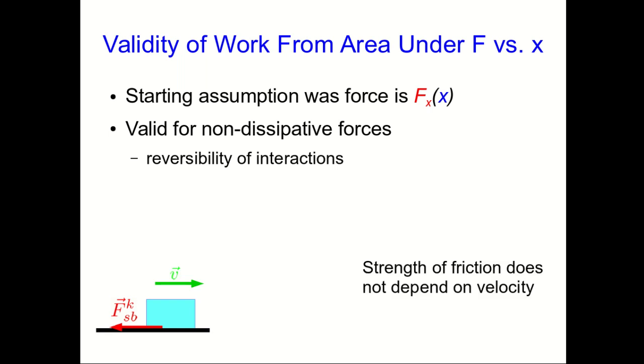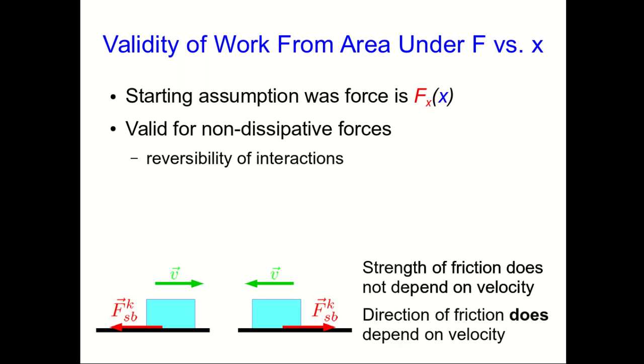But now let's think about something like friction. It's a common misconception that the strength of the friction force depends on speed. In fact, it doesn't. However, think about a block sliding to the right across the floor. The friction on it is to the left. But if you reverse it so the block is going left, now the force on it due to friction is to the right.